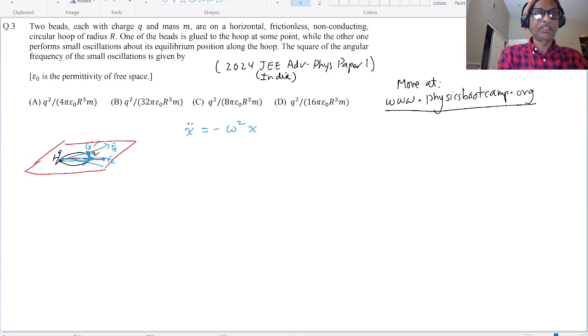So this is xy. If this is called x and this is y, then in this case it will be y double dot and y, because x will be close to 0 and y will be very small.